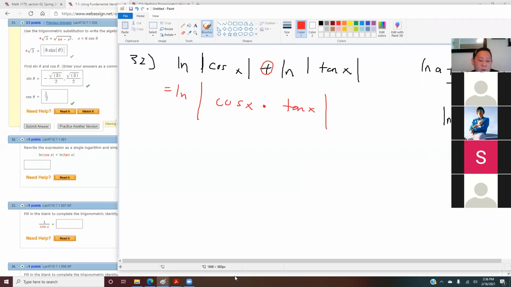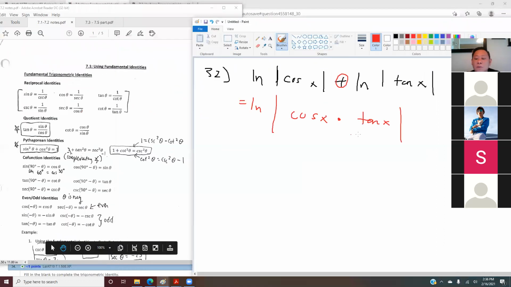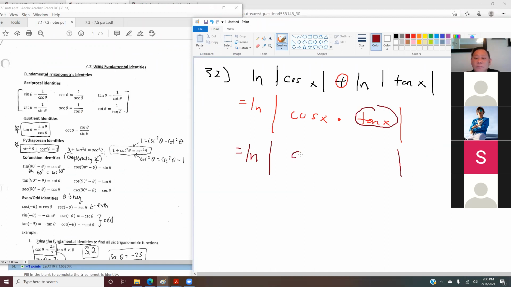Can someone tell me which identity can be used to simplify the one inside the absolute value? The quotient identity, yes, because tangent can be written as sine over cosine.